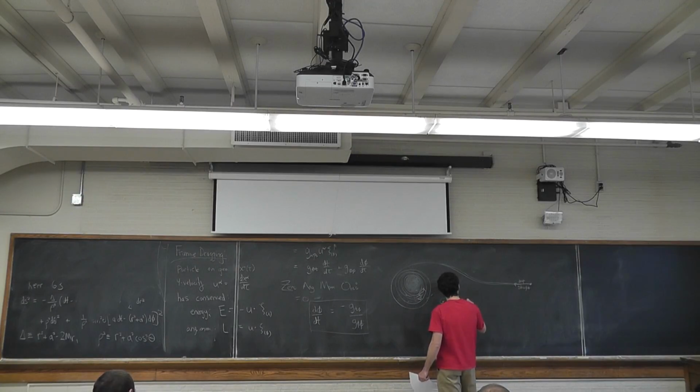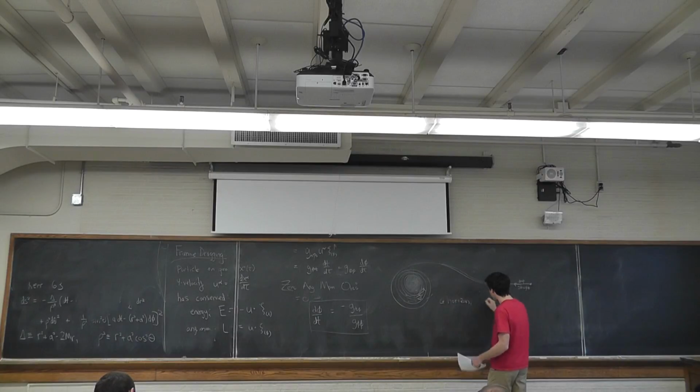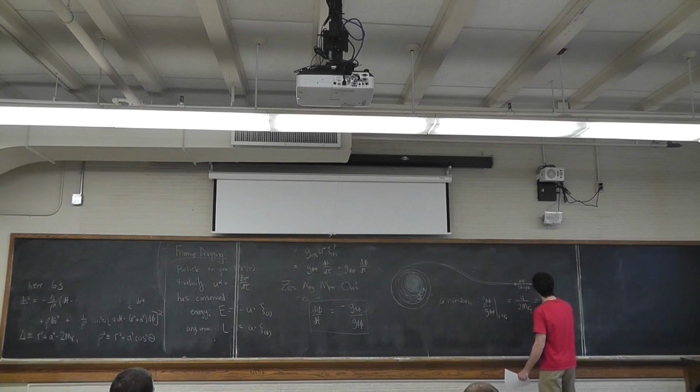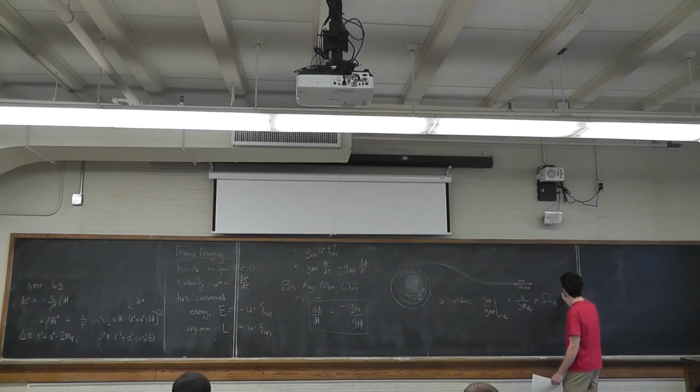At the horizon, if we calculate this rotation, minus g t phi over g phi phi at r equals r plus, we can check that it gives a over 2M r plus, which is called omega H, the angular velocity of the horizon.